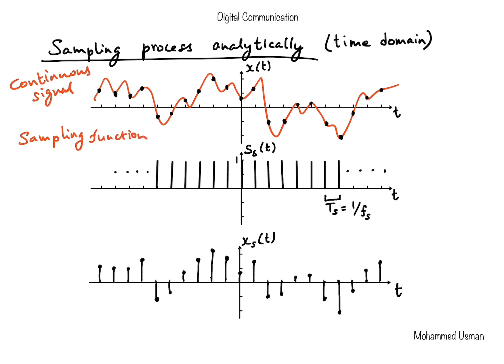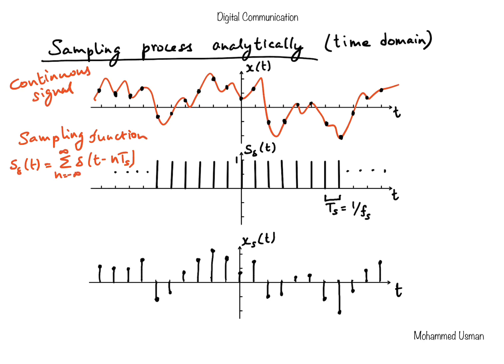So we can write the sampling function s delta of t as an impulse train, which is delta of t minus nTs for n equals minus infinity to infinity.